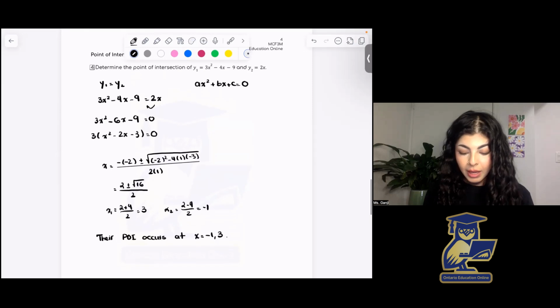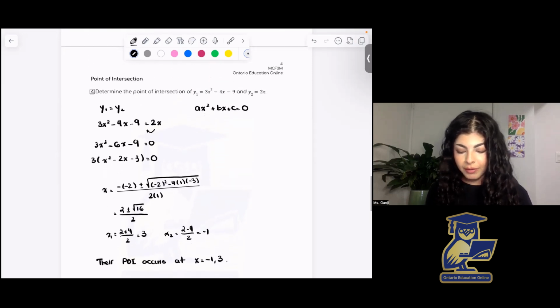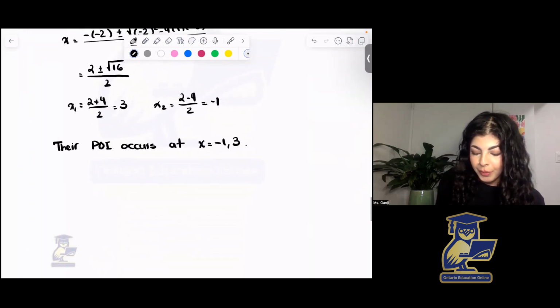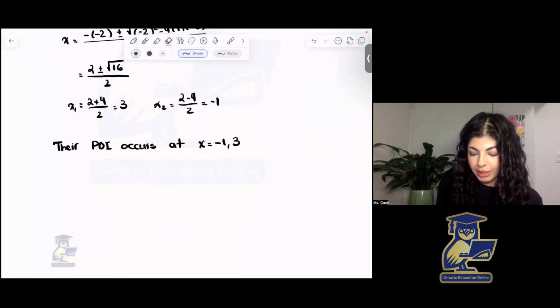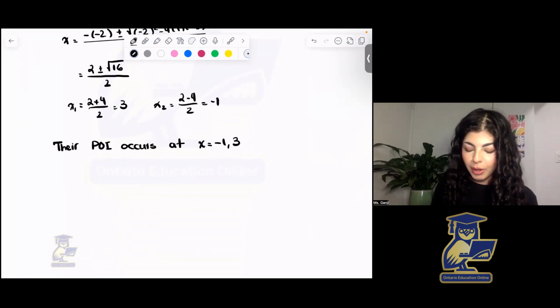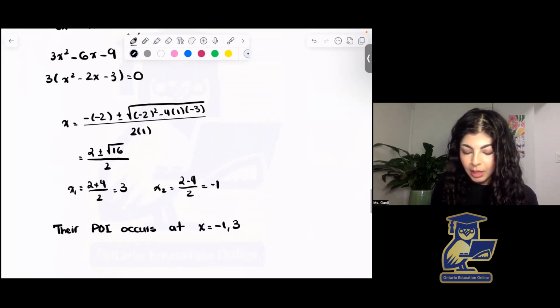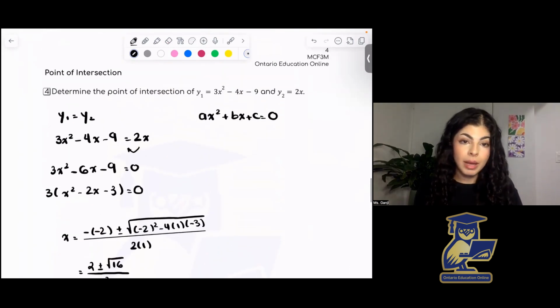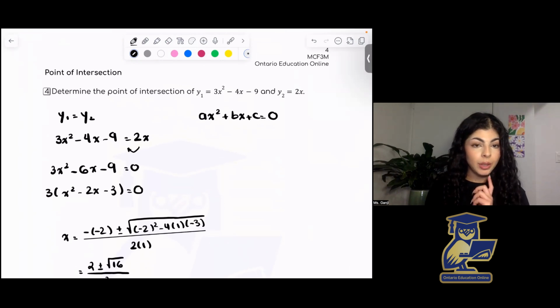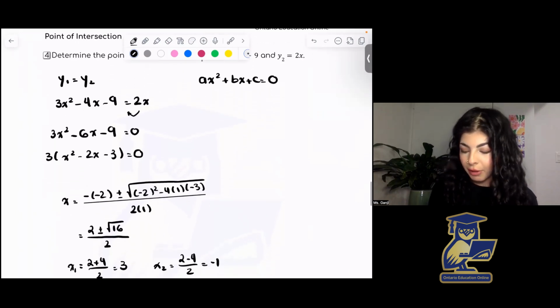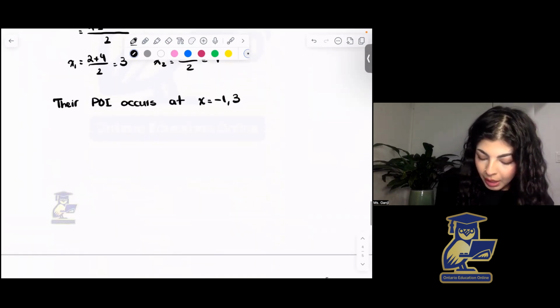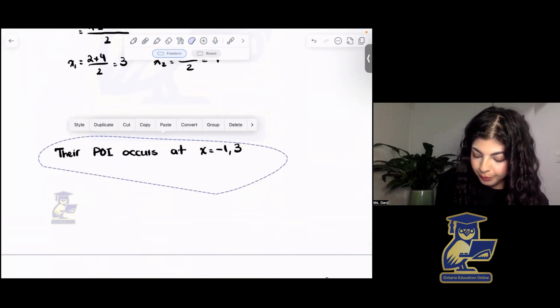Oh, actually no, because it says determine the point of intersection. So the point of intersection does occur at that x value, but we want to find the actual point. So we have to plug it back into one of the equations to get the output value. And looking at these two functions, I hope you see that 2x is the easier function to use. So let me just move this down.